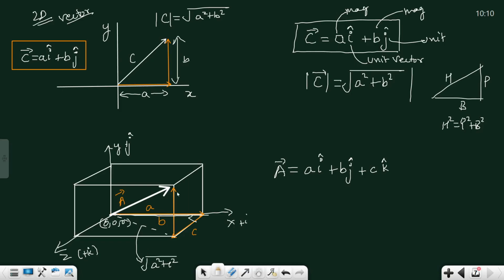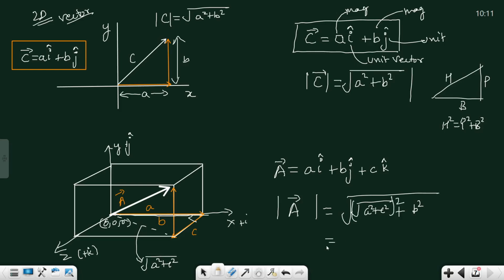And now in this triangle, you have root of A square plus C square and this one B. So the magnitude of this A vector, when you open this root, this is square plus this is square. So that will be the square root of A square plus C square plus B square.